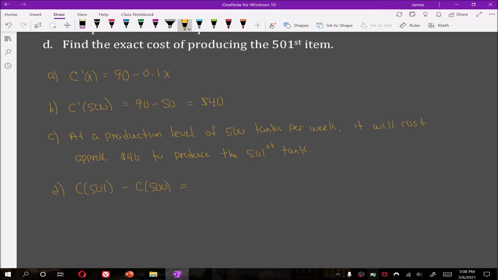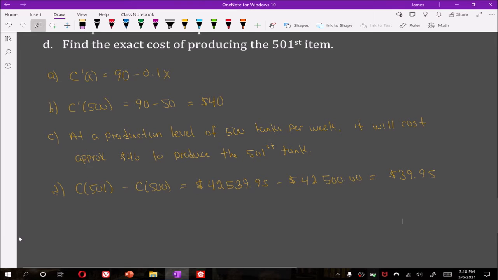So C of 501 is $42,539.95, so 95 cents, minus $42,500, and that difference comes out to $39.95.